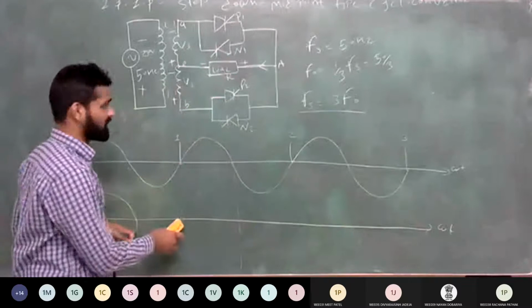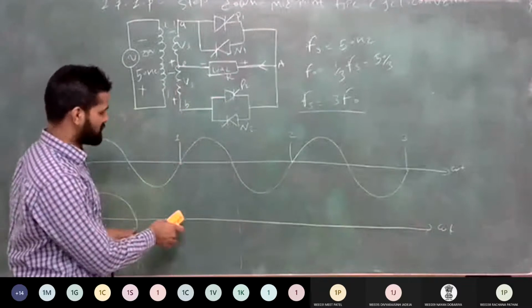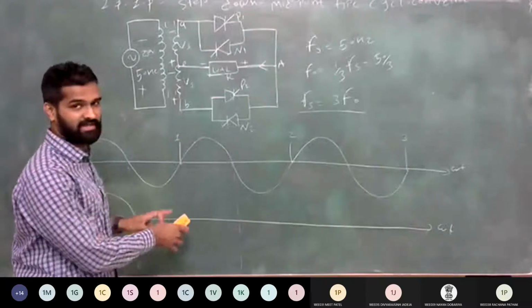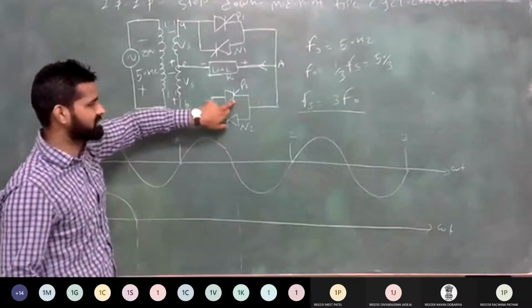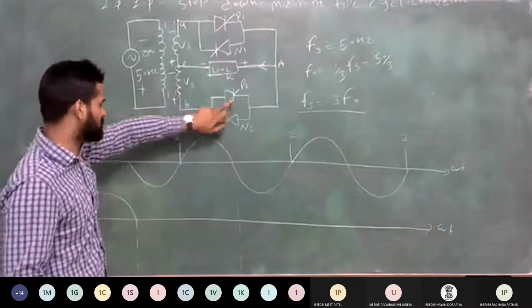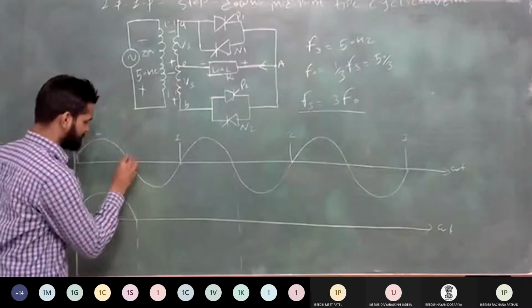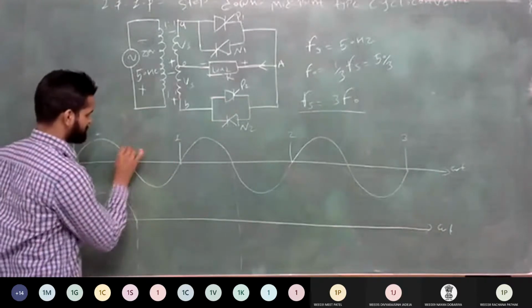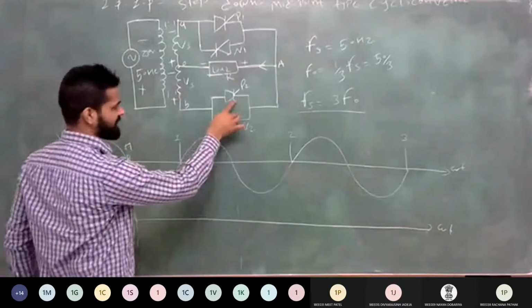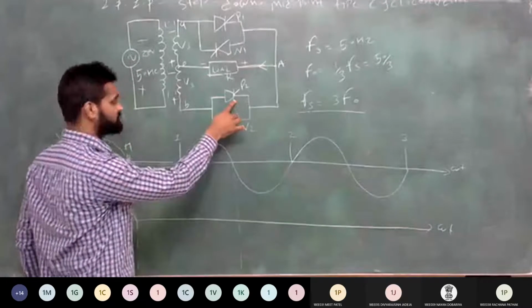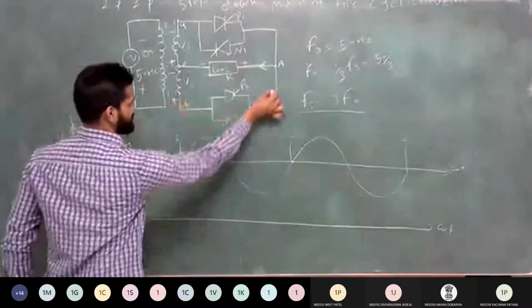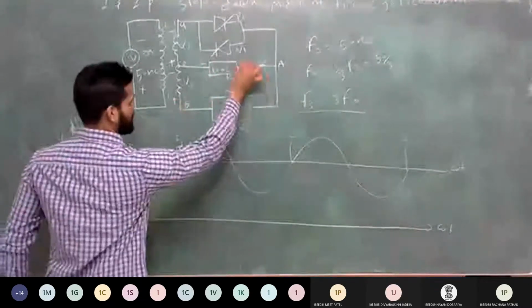But your required output voltage is what? Positive. Positive output voltage is only given by the positive group. It means P2. Clear? So at omega t is equal to pi, provide the gate pulse to the thyristor P2, so that current flows in this direction with the positive voltage.